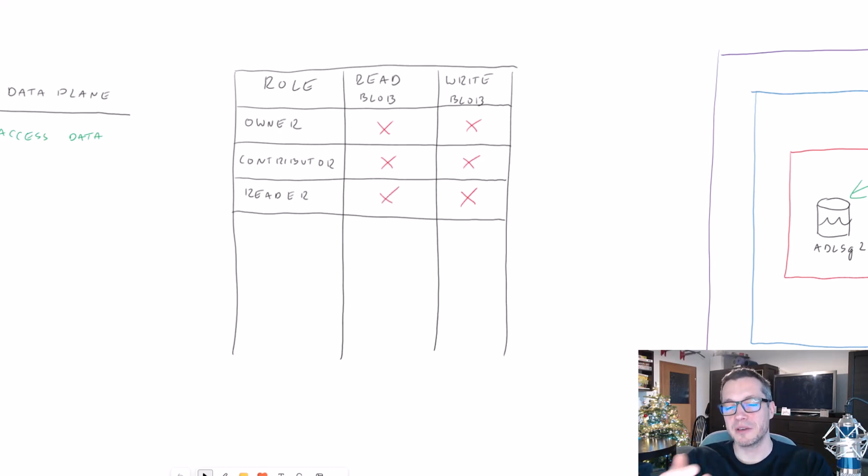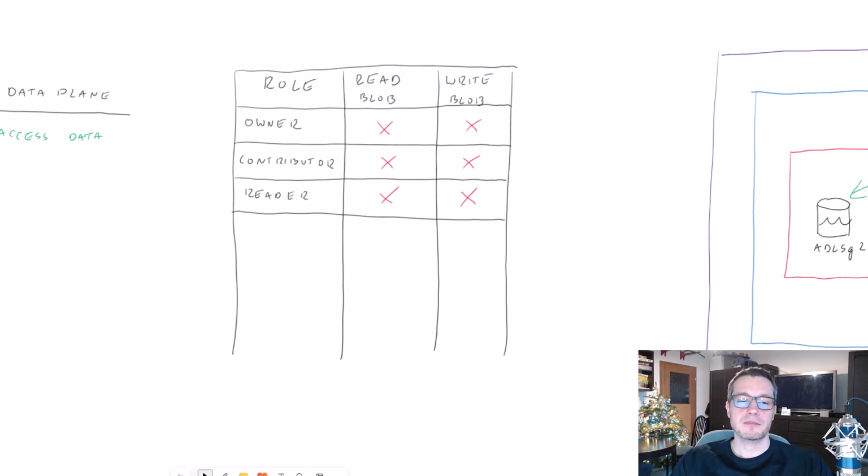So we have to use a different set of roles to get access. And now, which services have this split on control plane and data plane? So basically, those services that store data. So for example, storage account has this split. Key vault to get access to secrets, databases as well.